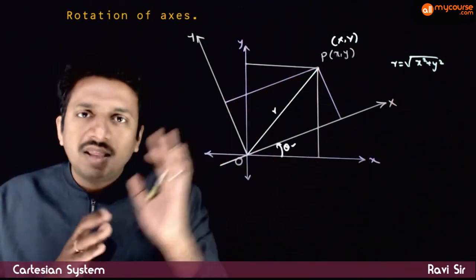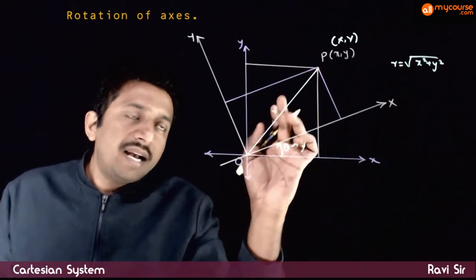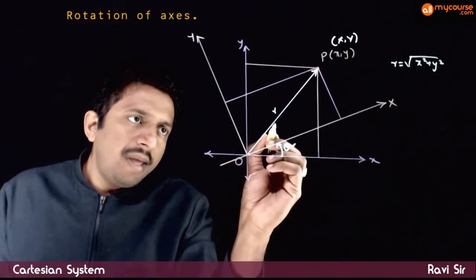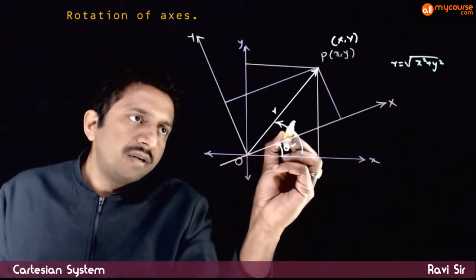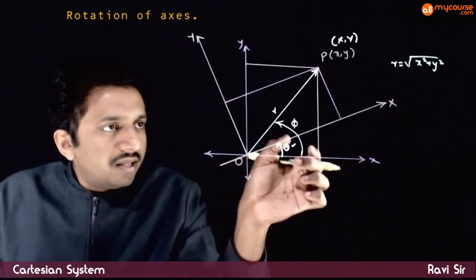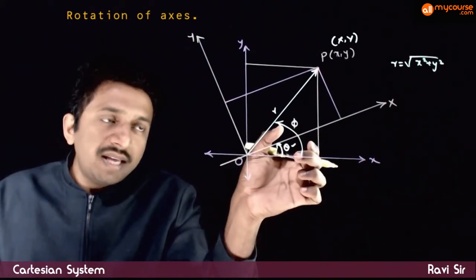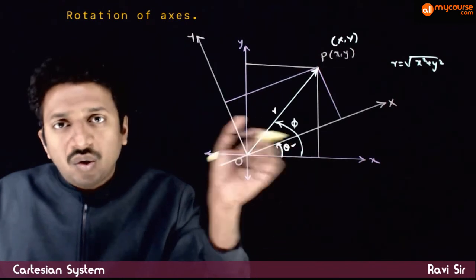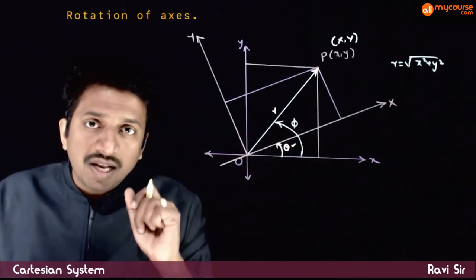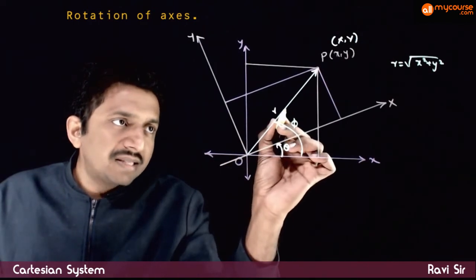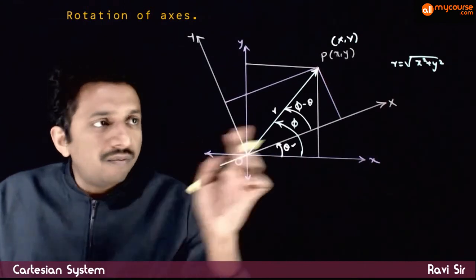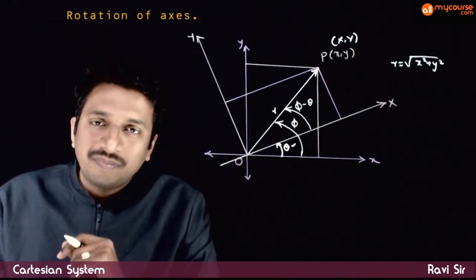So let this length be R. And let us consider that this ray OP makes an angle of phi with the original axis. So if it makes an angle of phi with the original axis, it obviously makes an angle of phi minus theta with the new axis.